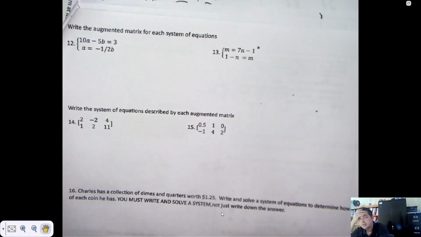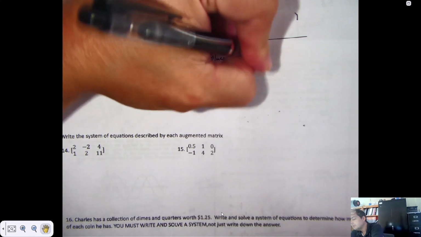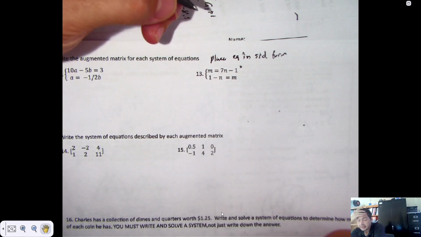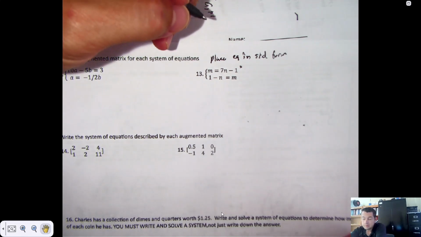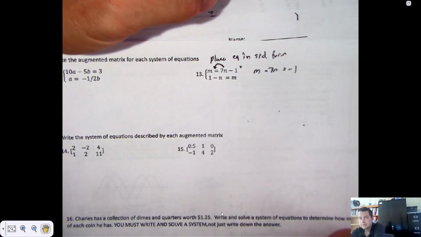12 and 13, you're supposed to write the augmented matrix. First thing you have to do is place your equations in standard form. So if I think about the alphabet, it's LMNO, right? M's come first. This is going to become M minus 7N equals negative 1. Put the variables on the left, constants on the right.